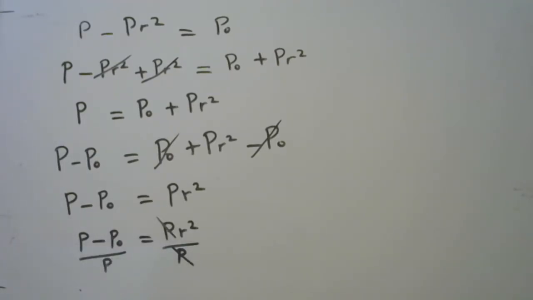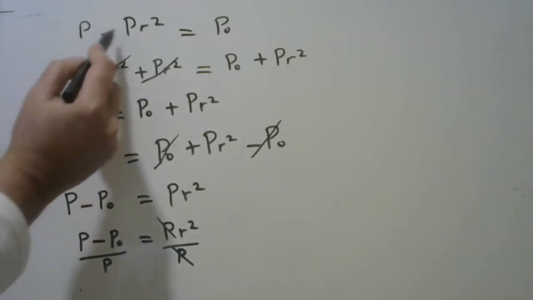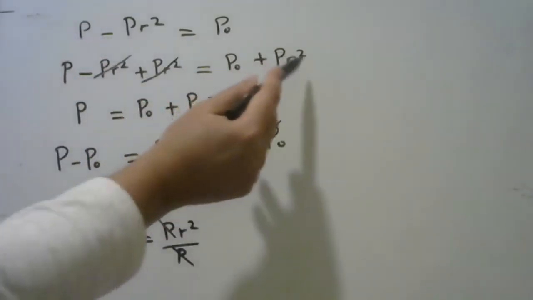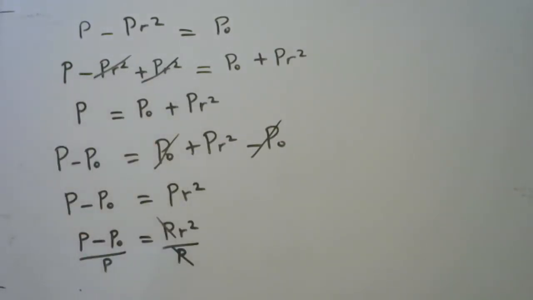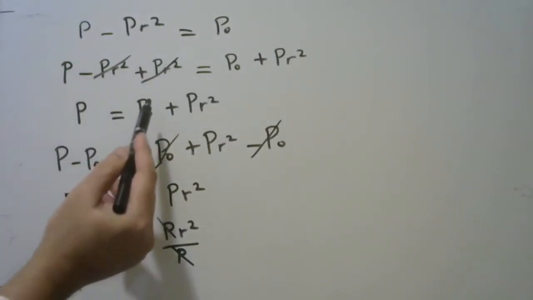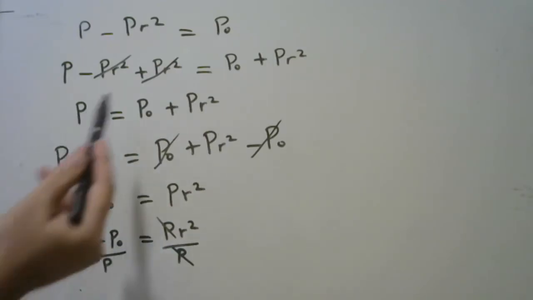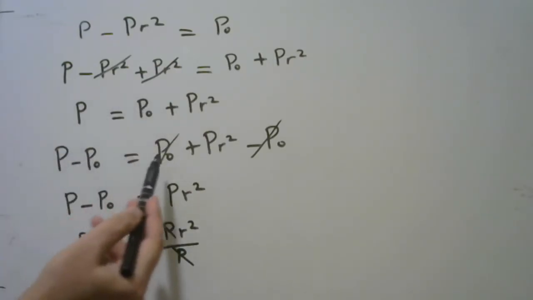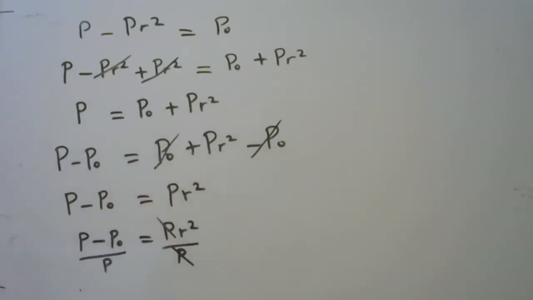Now, let's continue from there. Here we add PR squared to both sides, so this cancels out. P is equal to P naught plus PR squared. We bring across this P naught by subtracting from both sides.